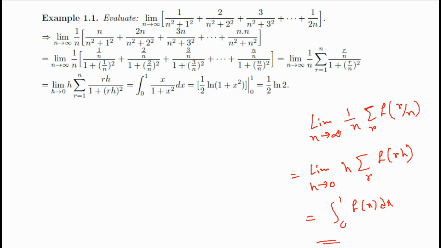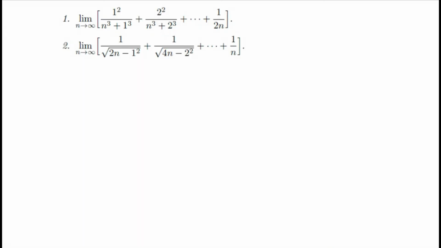So here first limit n tends to infinity, 1 by n is needed, and now we are just dividing this by n square, and ultimately we are getting this function. So limit n tends to infinity, this. Now if you put 1 by n equal to h, and rh equal to x, you will have integral 0 to 1 x by 1 plus x square dx, and this is a simple integration.